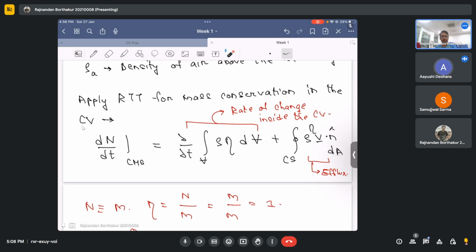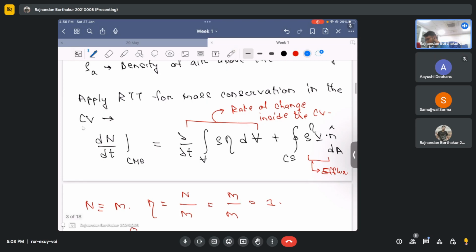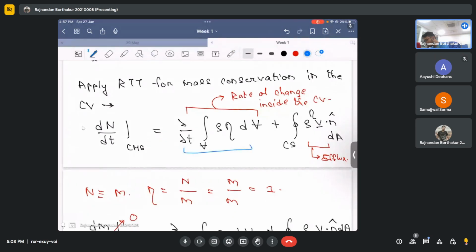If I want to explain it nicely, this term is the rate of change, this is m dot of water. If you observe it closely, this is the rate of change of water mass. Because this is property per unit mass, and rho times v is just mass, so it's density times the volume integrated over the entire control volume. So property per unit mass multiplied by mass.